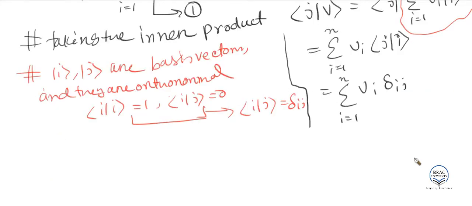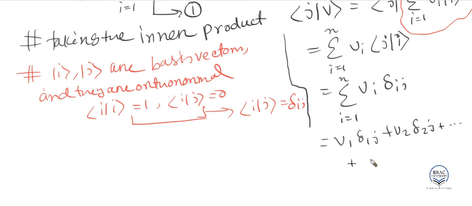So you can just use this summation notation over here, that is, it is summing from i equals 1 to n. So this is our dummy variable here, that is the index that is being summed over. And if you expand this out, let me write a few terms so that it is easy to understand what is actually happening over here: v_1 delta 1j, v_2 delta 2j, and so on.